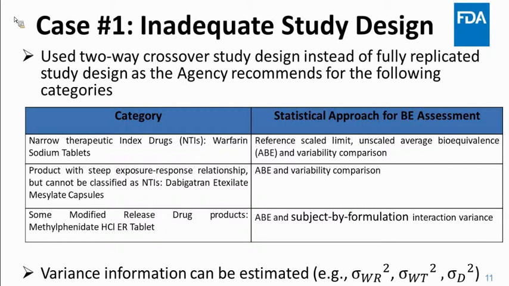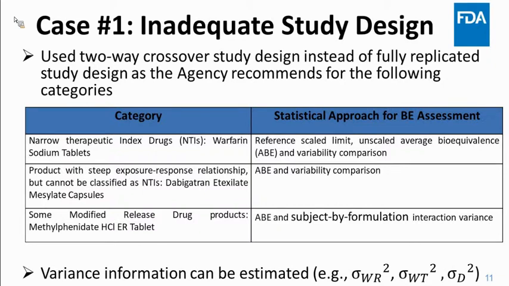The applicant should use average BE with 80 to 125% criteria. Also, we did compare within subject variability between test and reference products. So the upper bound of 90% of the ratio of the within subject variability should be within 2.5.